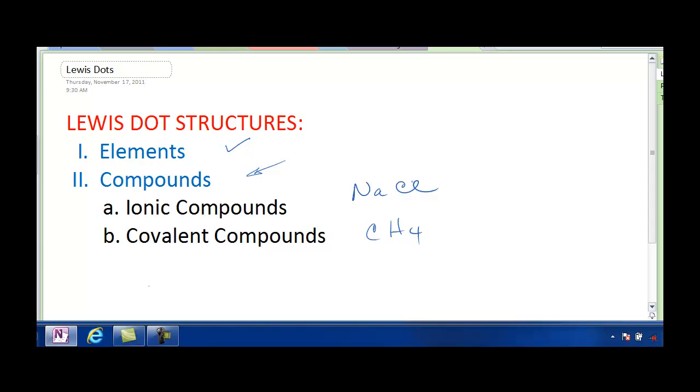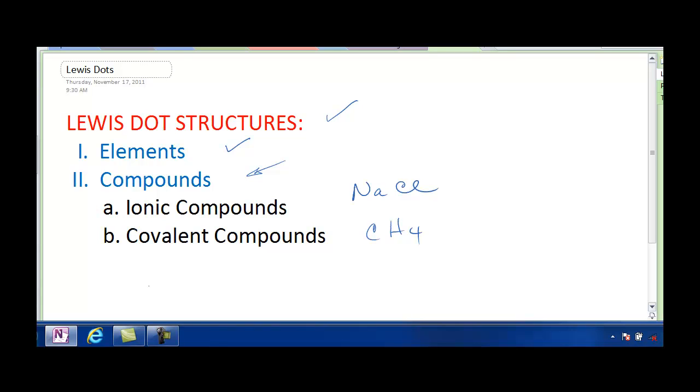So ions versus molecules is a concept that's not new to us, and that is fully going to be put in use now. So if we are asked to do Lewis dot structure, step 1, find out whether this compound is ionic or whether it's covalent, because our approach is going to be totally different.